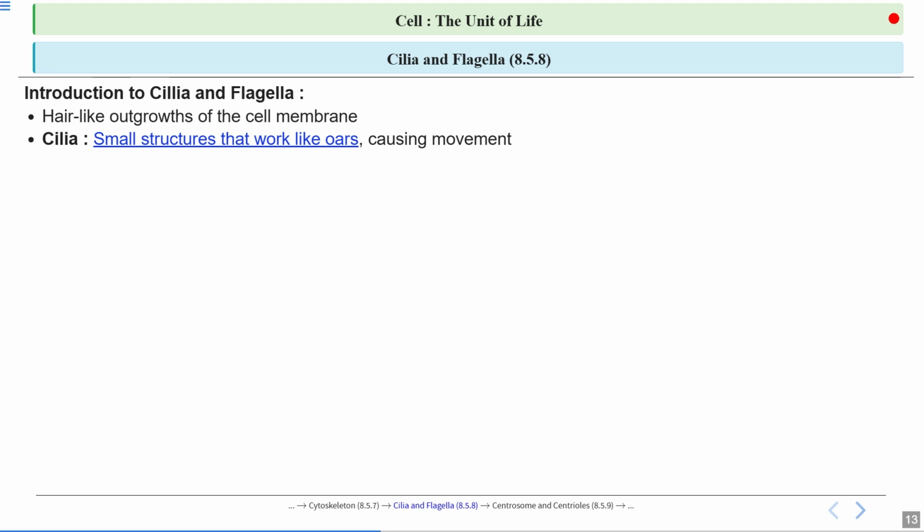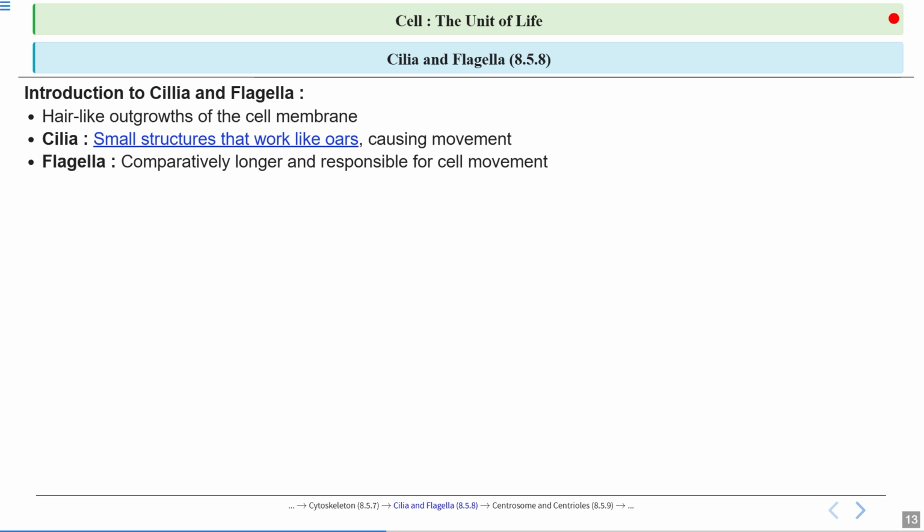You must be knowing about oars. Whenever there is a boat competition, oars are used to push the boat. So these cilia work like oars, and they cause movement. So they provide motility to the cell.